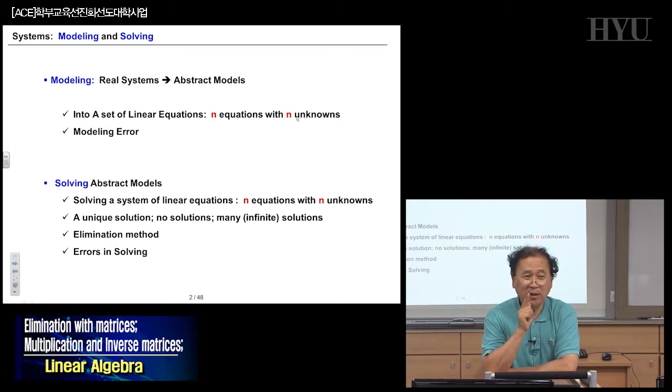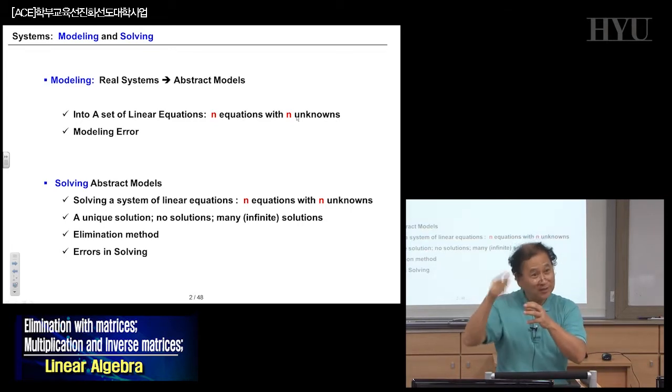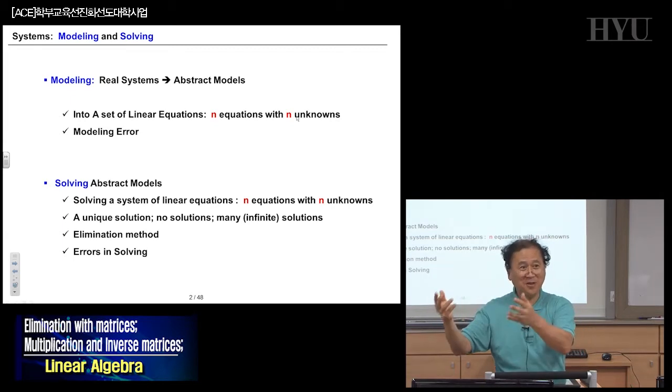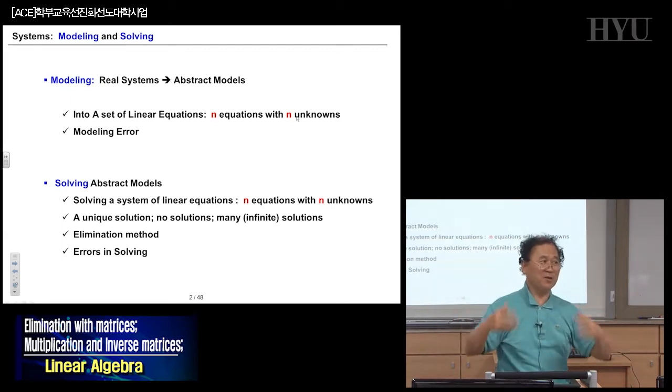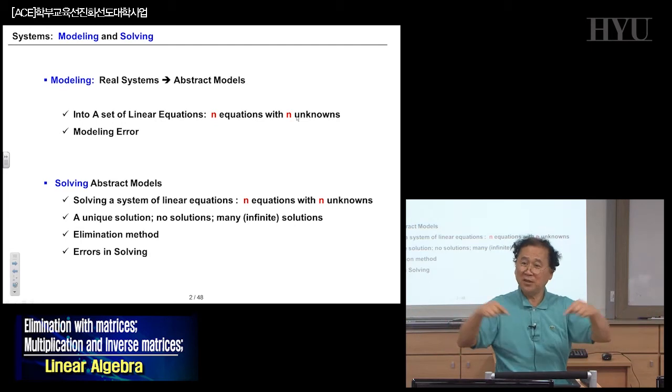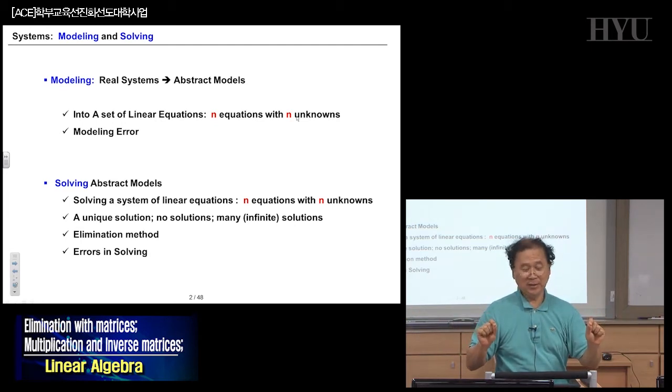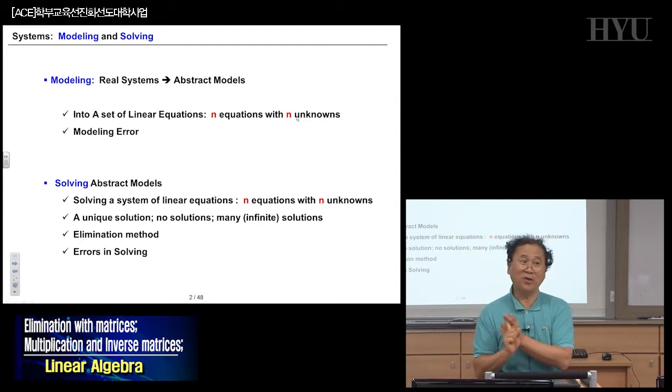This is the most simplistic model, the linear model. More complex models can have quadratics, squares, integrals, exponentials, logs, and lots of other complicated formulas. But this one is the simplistic model, okay? We are modeling as a linear equation, n equations with n unknowns.